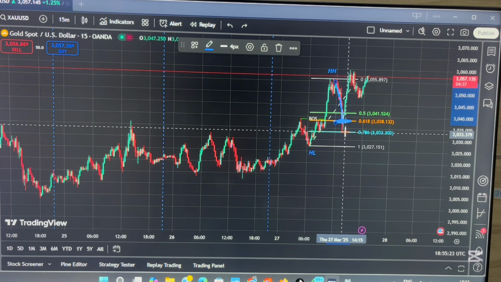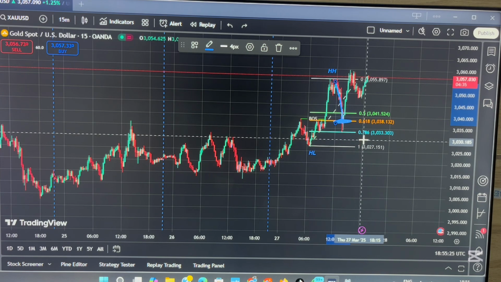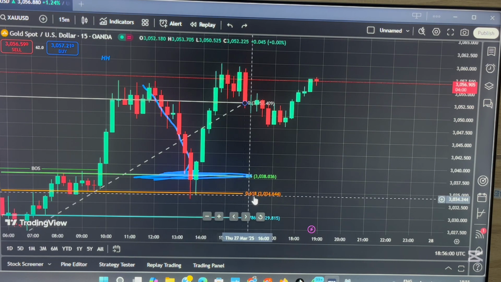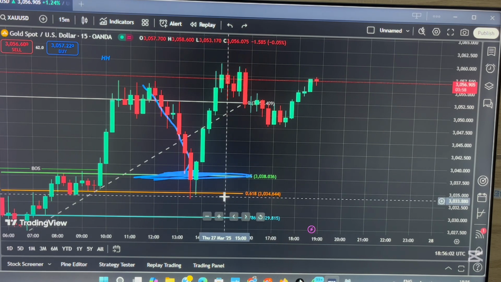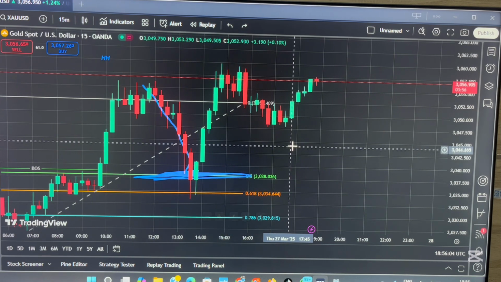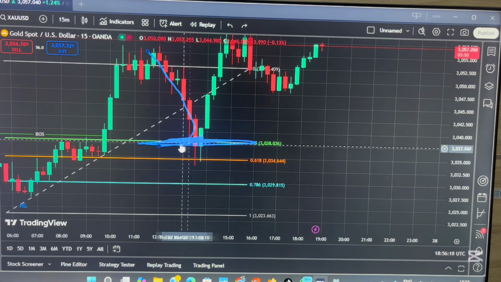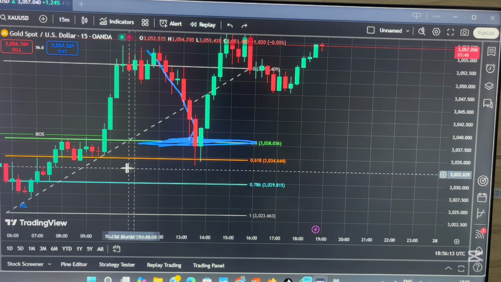It didn't cross our 0.7, but it almost did. It almost touched down to our 0.7 area, but it didn't.